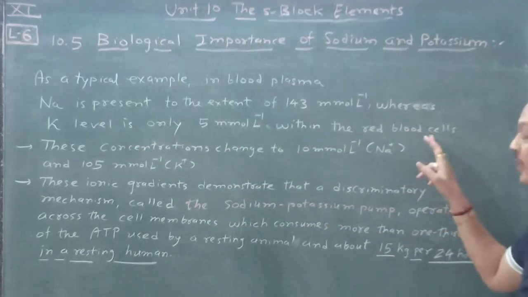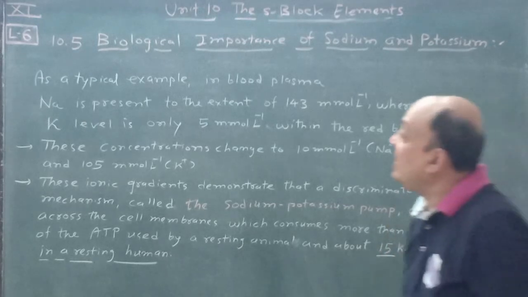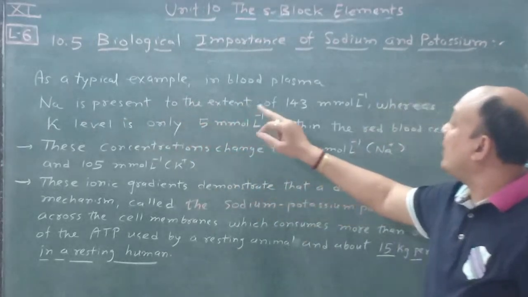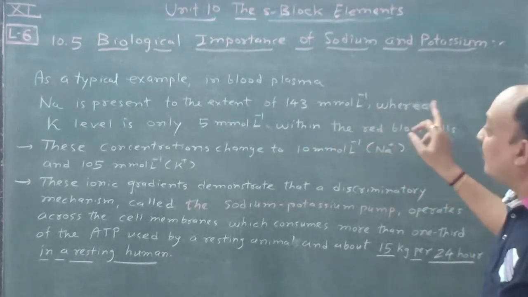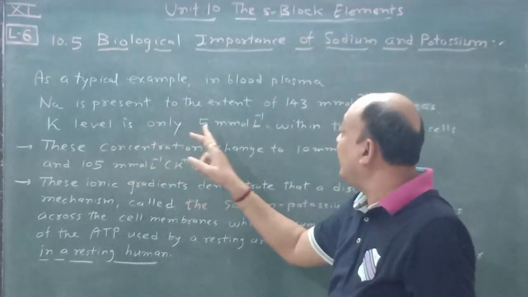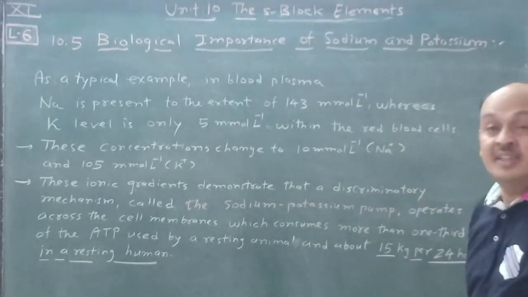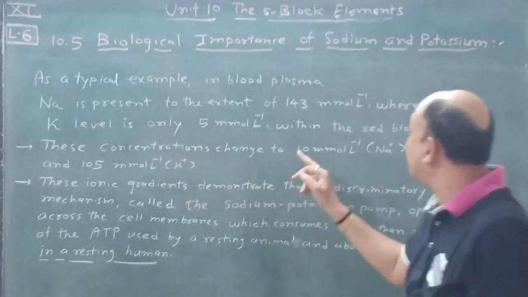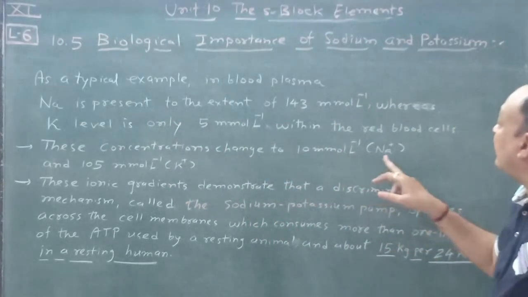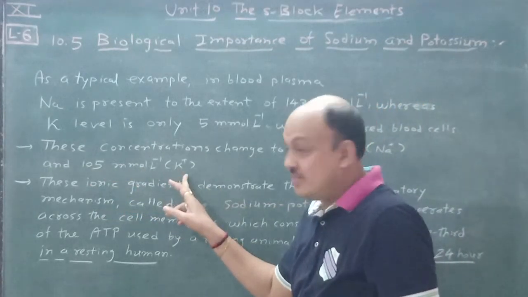Within the red blood cells, RBC, which are present in our blood, this concentration changes to 10 millimole per liter Na+ and 105 millimole per liter K+ ion.